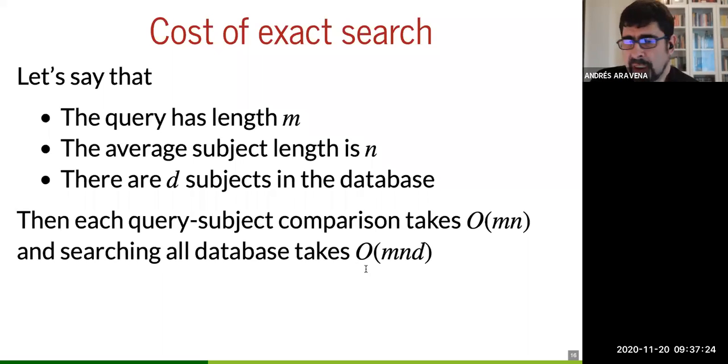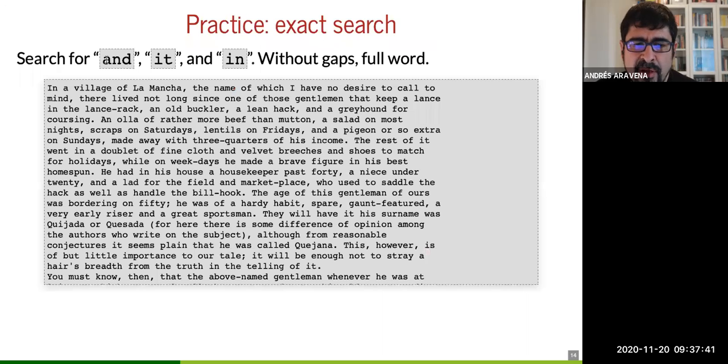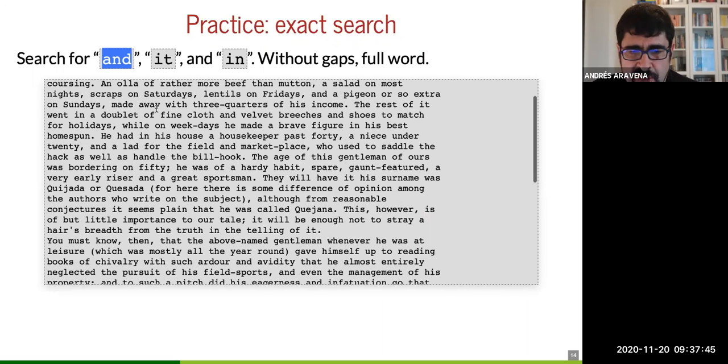So this gives you m times n times d. Let's be more clear. If I want to find all the times that a word appears here, I have to read all the text.